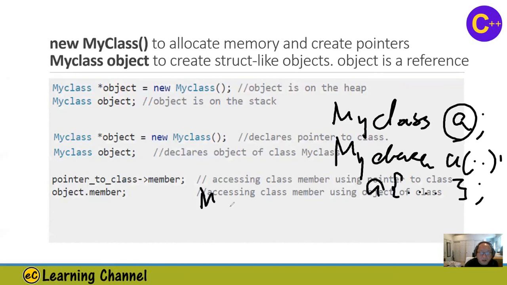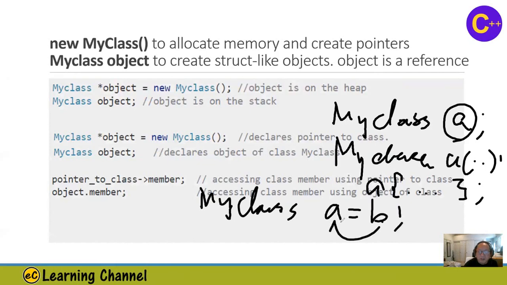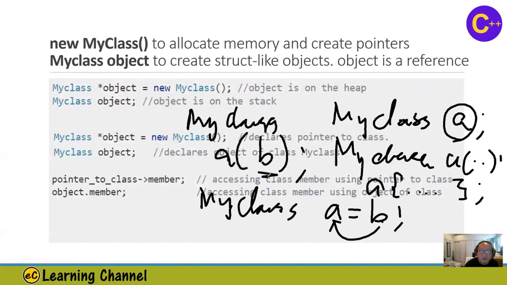And then the next one, if MyClass A equals B, it will use the copy constructor. Or you use MyClass A(B), where B is another MyClass object. These two are the same. It will call the copy constructor.